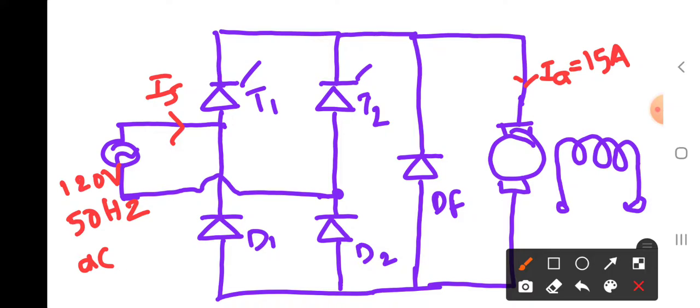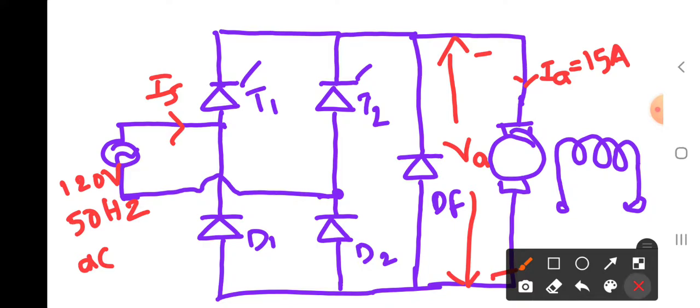The first one is to find the power drawn by the motor, in the sense the input power to the motor. The input we are giving to the motor is the voltage across the motor and the current flowing through it, that is VA into IA.